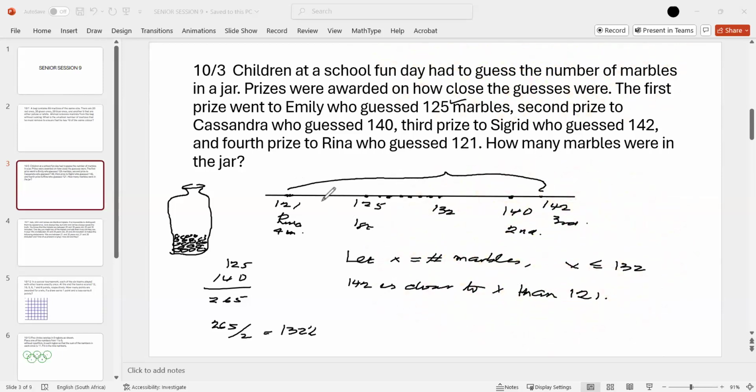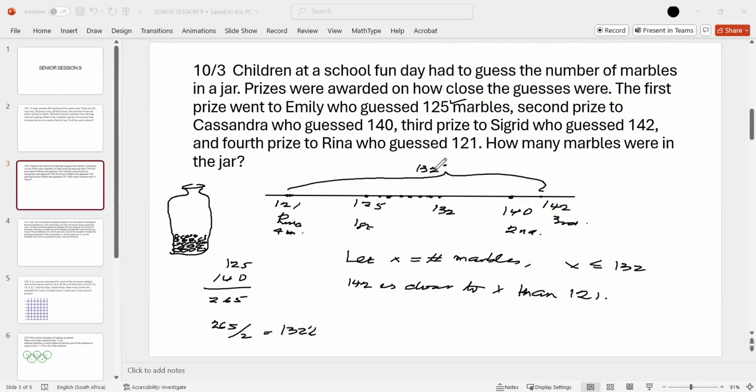The halfway mark, 121 plus 142 is 263, so it is 131.5. So this is closer. So 132. Well, again, you have 132.